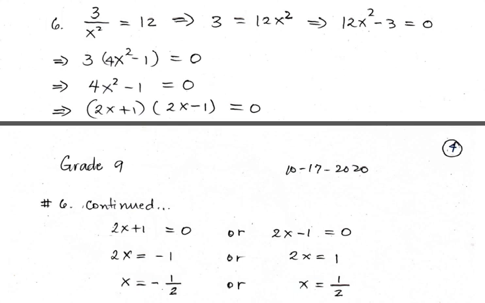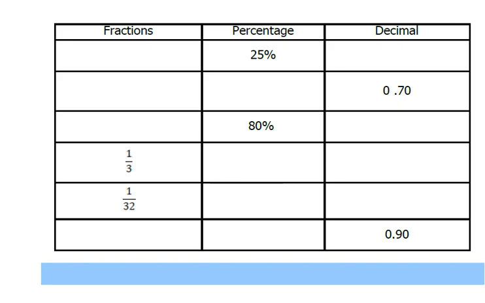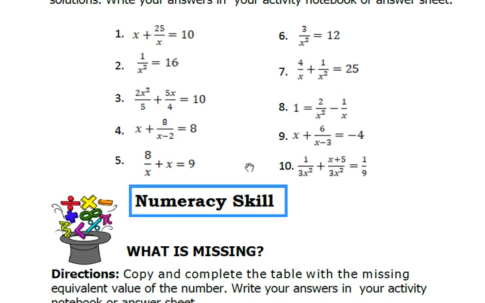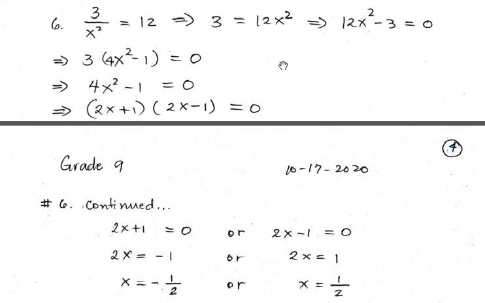Number 6. Number 6 expression, 3 divided by x squared equals 12. Solution, we can cross multiply.